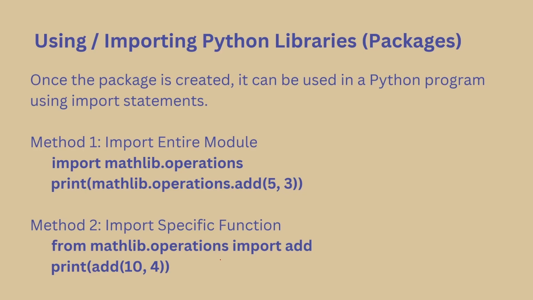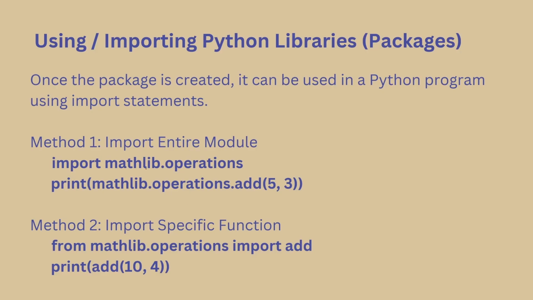Now the next topic is importing Python libraries and packages. Once the package is created, it can be used in a Python program using the import statement. To import the entire module, we say import matlib.operations, and then we say matlib.operations.add.